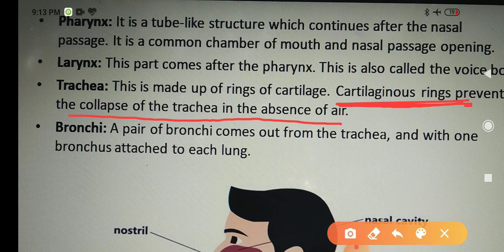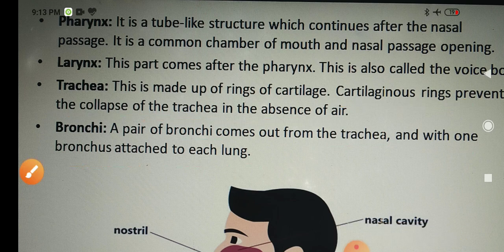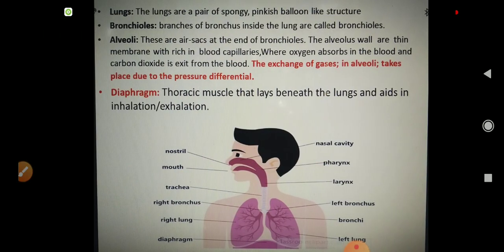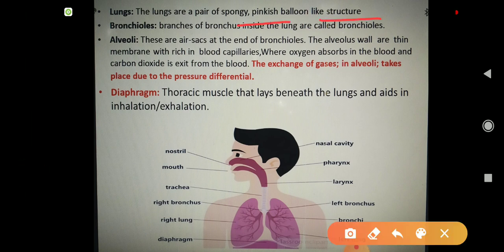Now next is the bronchi. A pair of bronchi comes out from the trachea, with one bronchus attached to each lung. Now next, what are the lungs? Lungs are a pair of spongy, pinkish balloon-like structures. Then the bronchi divide into bronchioles.